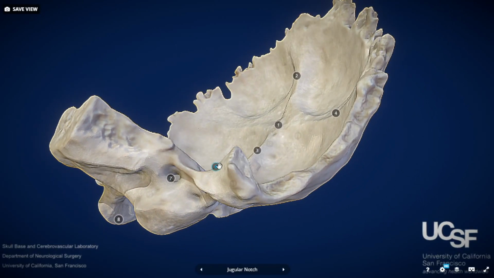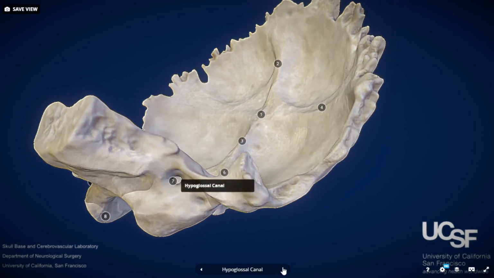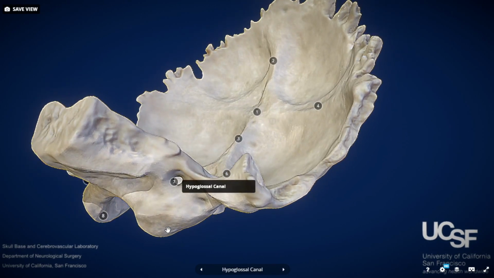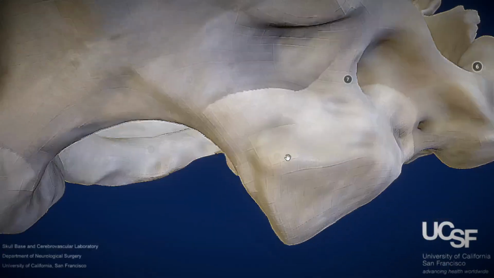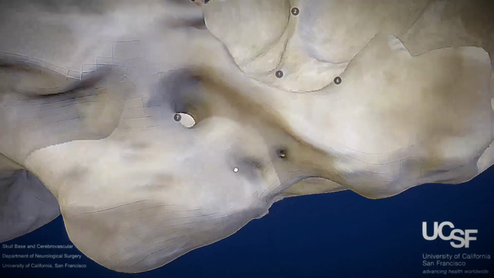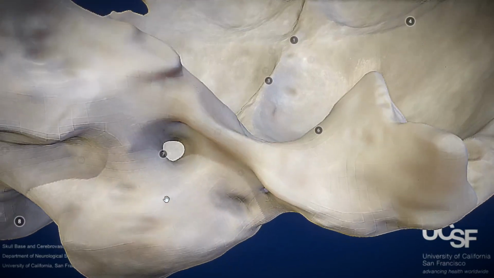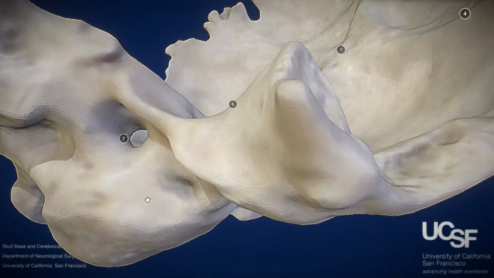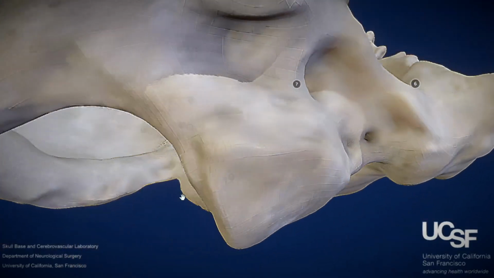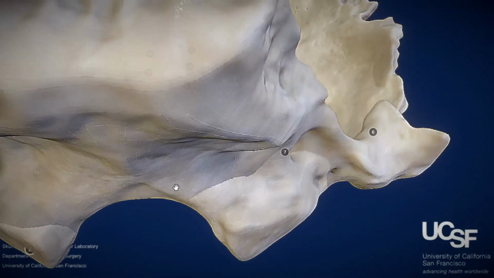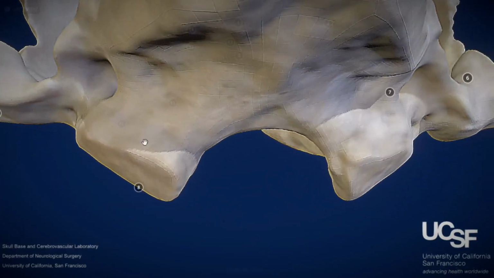It's basically the anterior limit of this tubercle. Anterior and medial, we're seeing the hypoglossal canal, also called the anterior condyloid canal, and we see in each one of these two lateral regions the condyles.